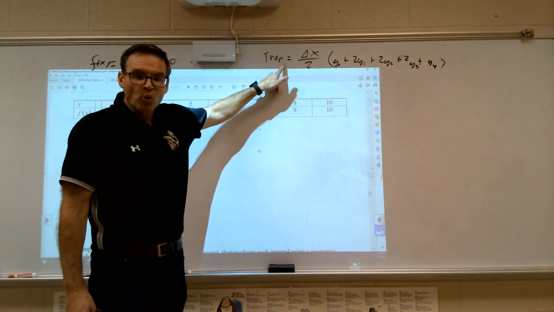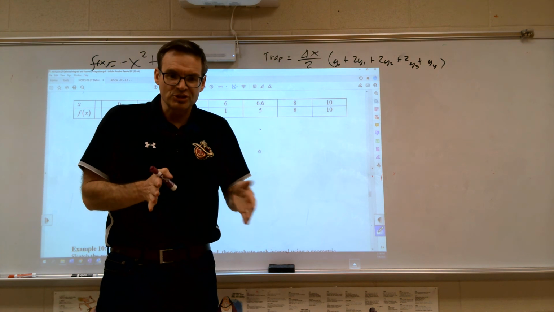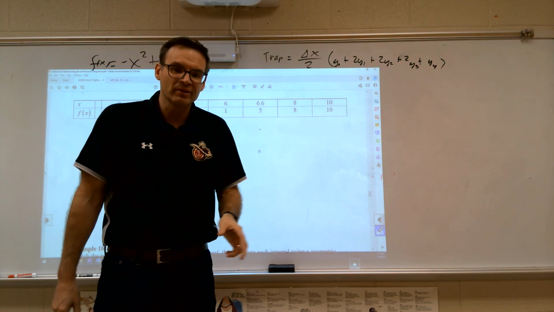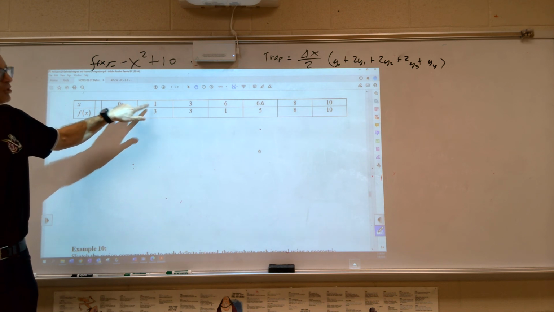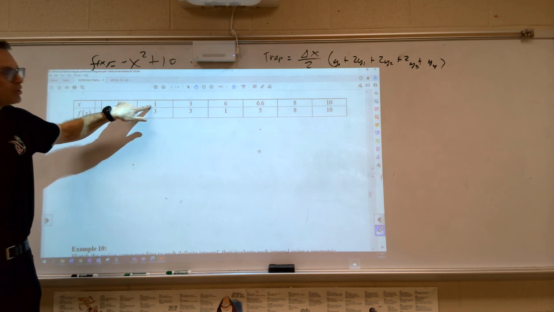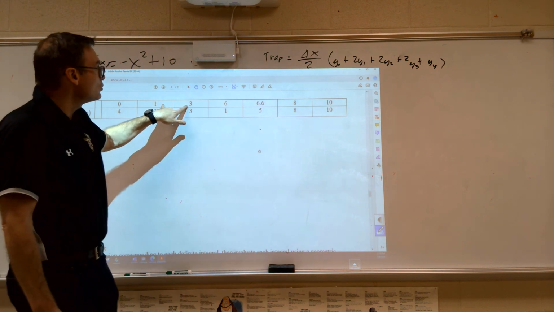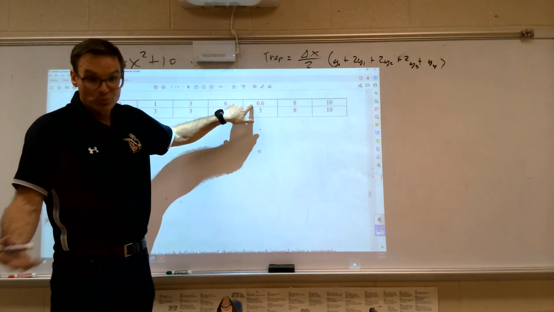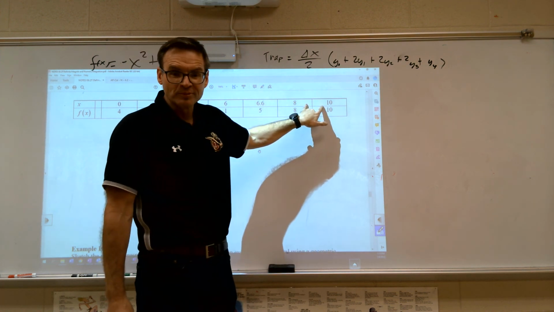This formula only works if it's equal partitions, meaning they're the exact same width. When you look at your chart, notice these are not the same width. This has width 1, this has width 2, this has width 3, this has width 0.6, this has width 1.4, this has width 2.